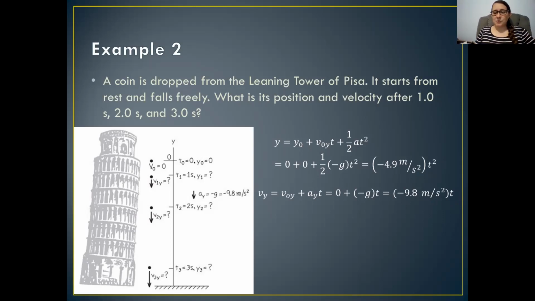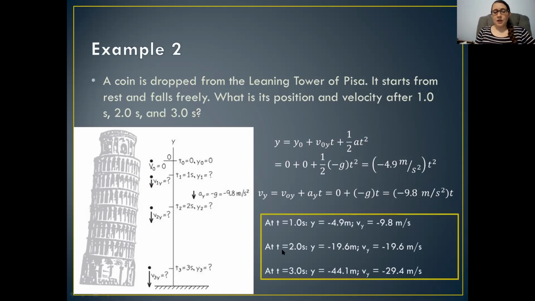So now we can just plug in our values for time, 1 second, 2 seconds, and 3 seconds. So at 1 second, its position is negative 4.9 meters, right? Negative 4.9 times 1 squared is negative 4.9. Its velocity at that moment is negative 9.8 times 1, so negative 9.8 meters per second.